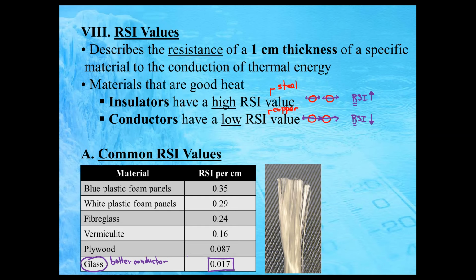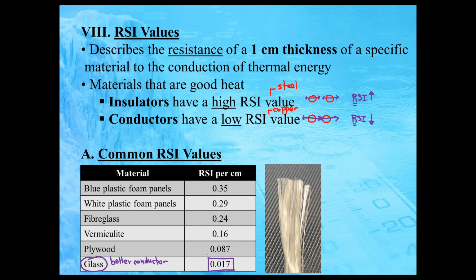Good conductors of thermal energy have low RSI values. So what this means is glass is good at conducting thermal energy, which also leads to the problem with glass. You want to keep thermal energy inside of your house, but since glass is a good heat conductor and has a low RSI value, you tend to lose a lot of thermal energy through your windows.